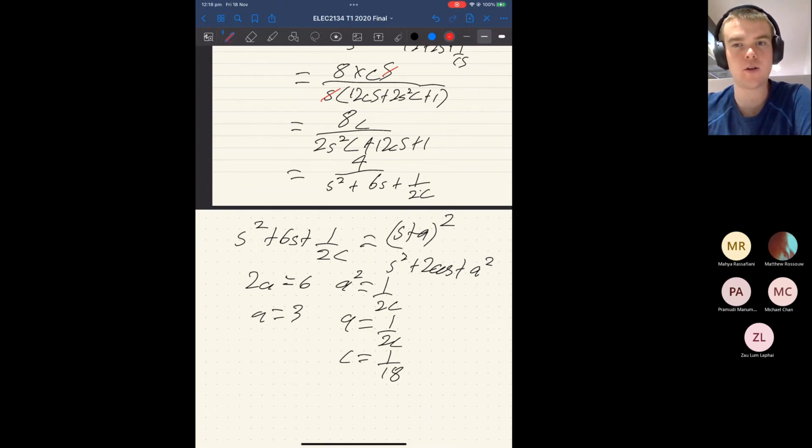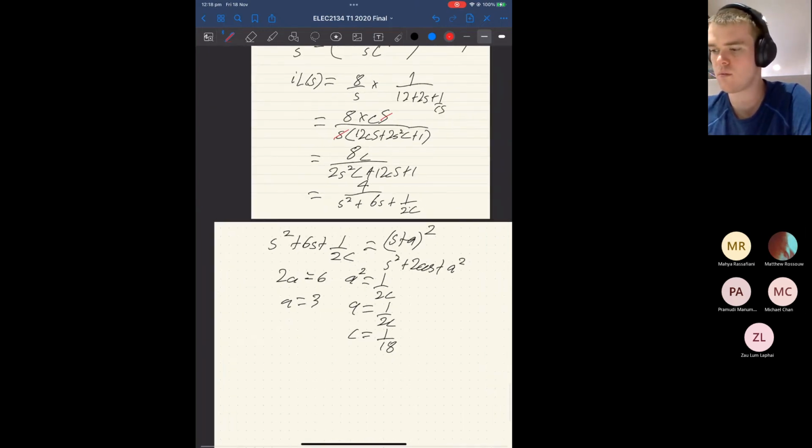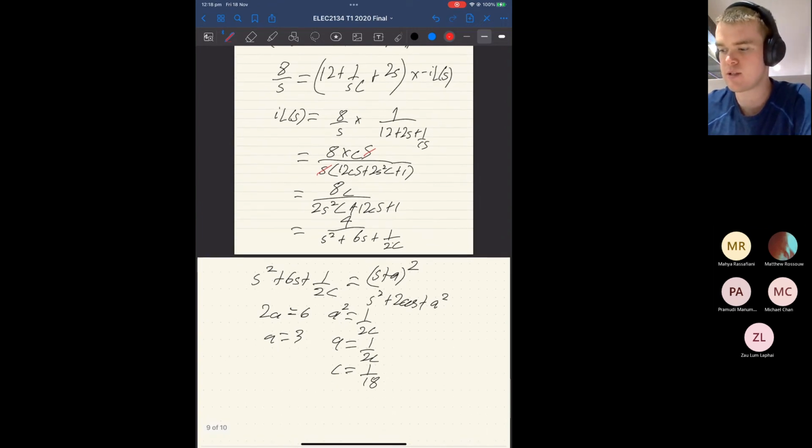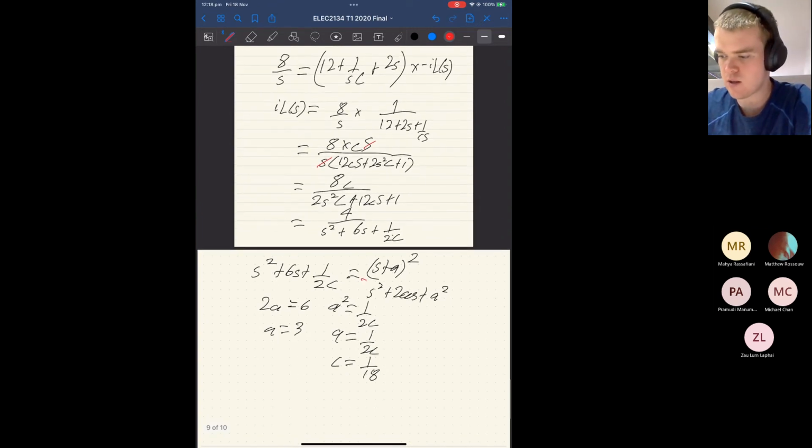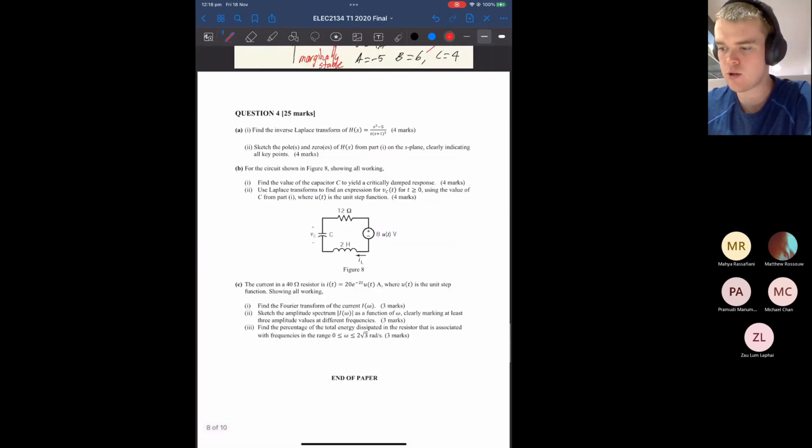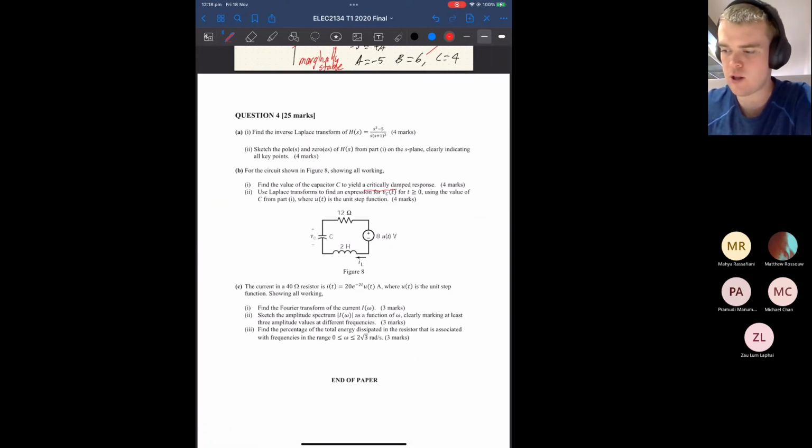I'm going to give a quick summary of what I just did. And probably the best place to start is this here. Okay, we are looking for critically damped. Now, critically damped occurs when the poles are in the same location. So that's why we're looking for an s plus A squared on the bottom.